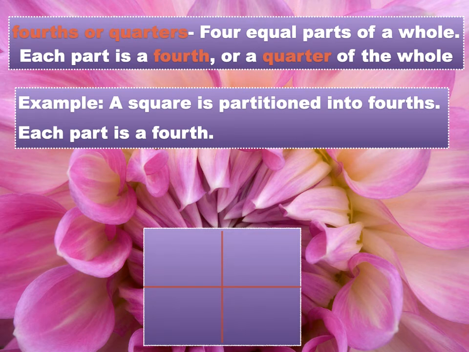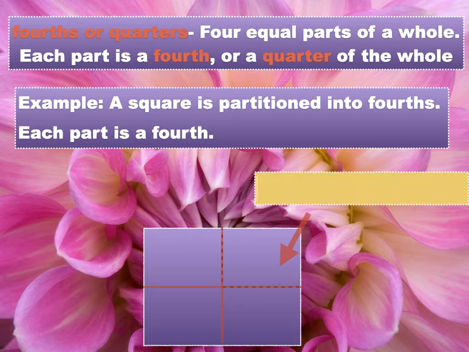Each part is a quarter or a fourth. I repeat, each part is called a fourth or a quarter. Before we go on with the discussion, I would like you to watch the video and listen carefully.